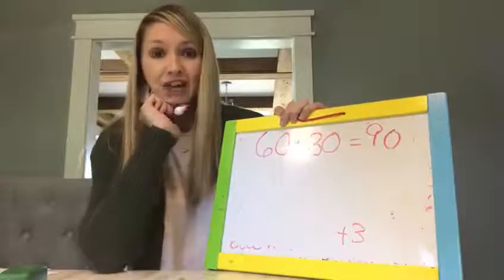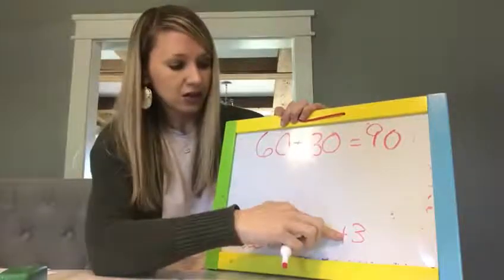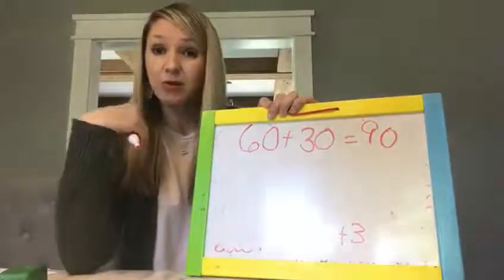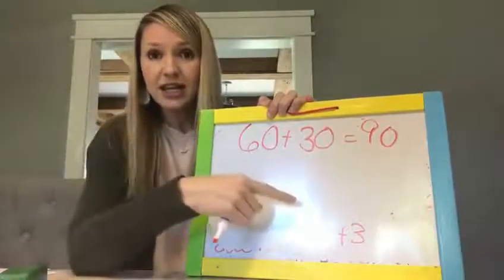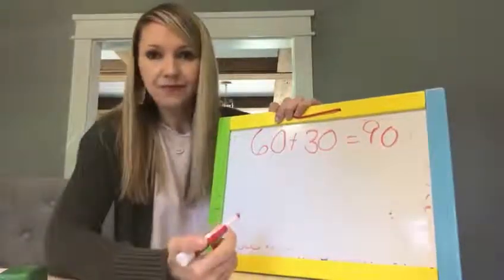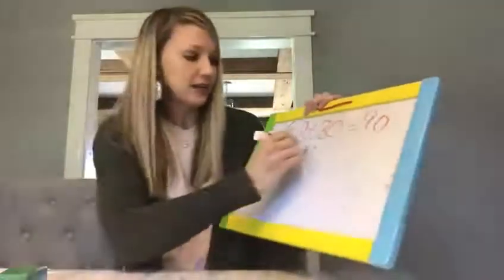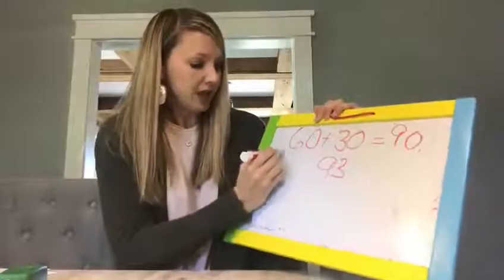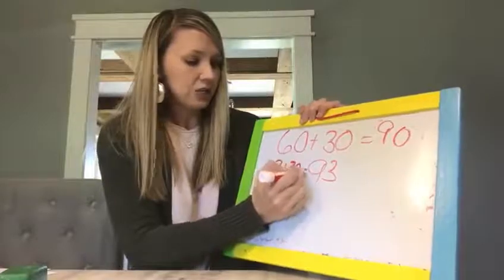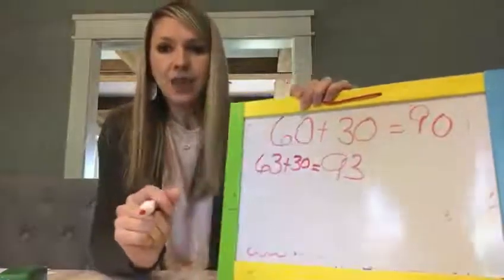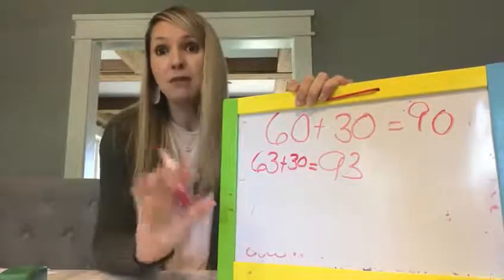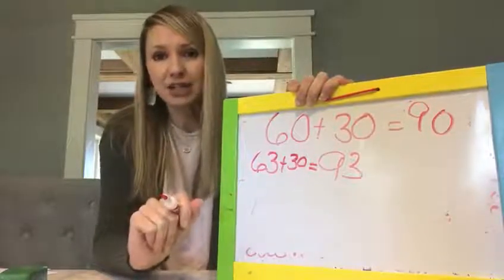And then I can't forget about my 3 down there, because remember I changed 63 and just made it 60, so it would be easier to add with. Now I just add that 3. So what would 90 plus 3 be? Well, that'd be 93. So I figured out that 63 plus 30 equals 93. But I just broke those numbers apart to make it easier. Counting by the magic number 10 is much easier.